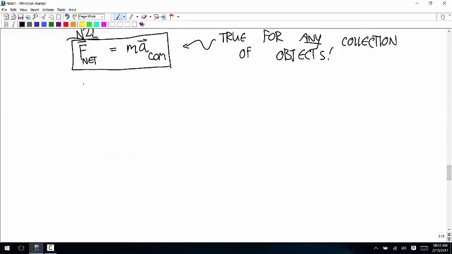For rotational motion, we're not so lucky. No such luck.